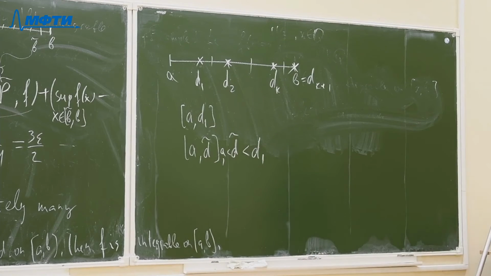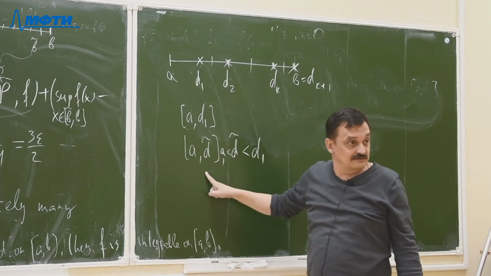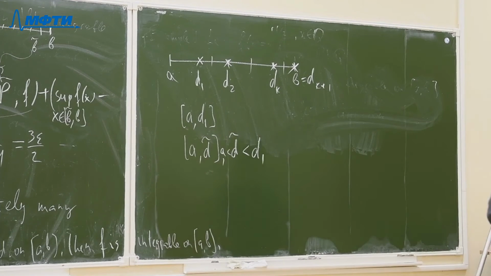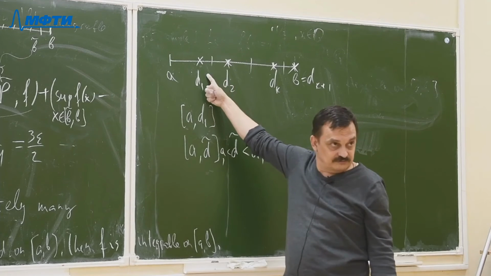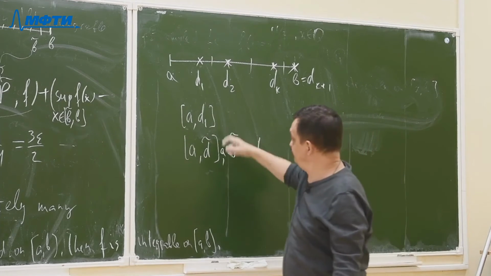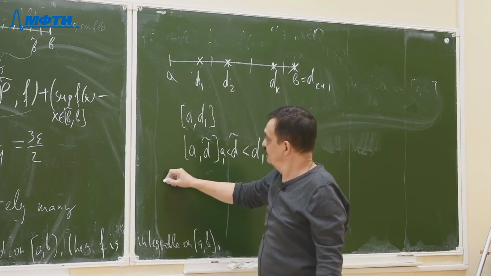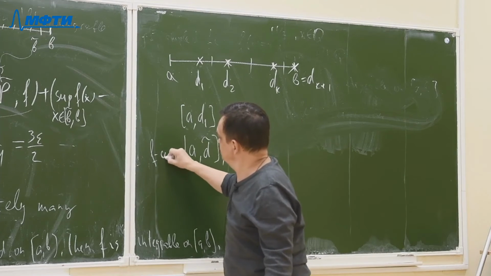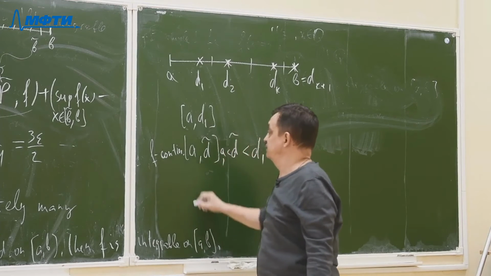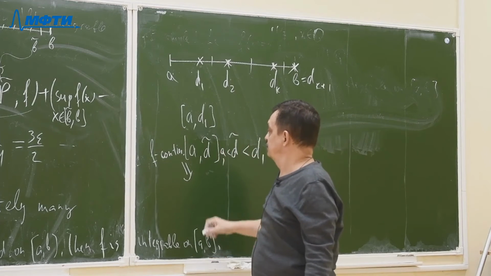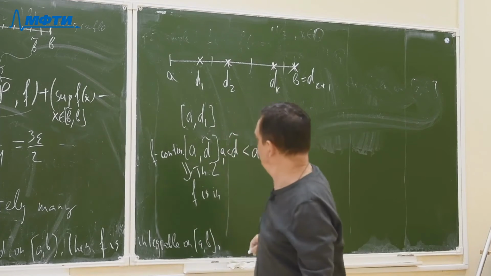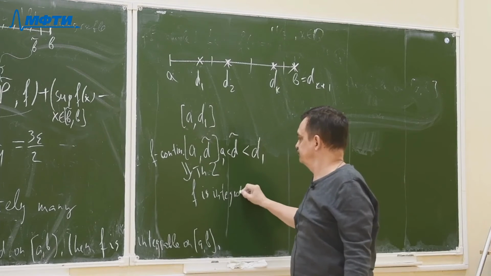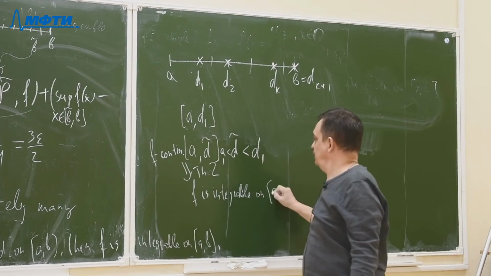Because it is continuous here, it is integrable. So continuous, hence integrable, and bounded. So by Theorem 2, f is integrable on [a, d1].